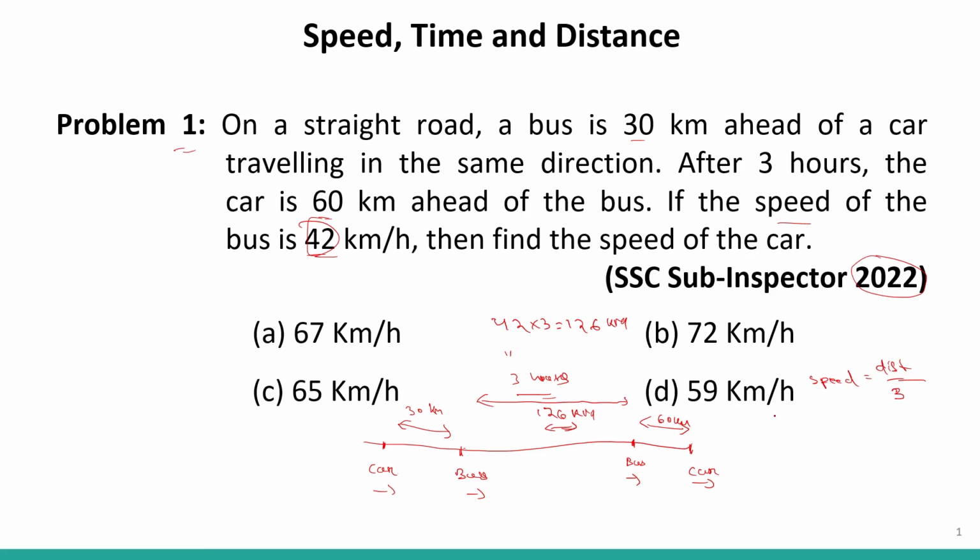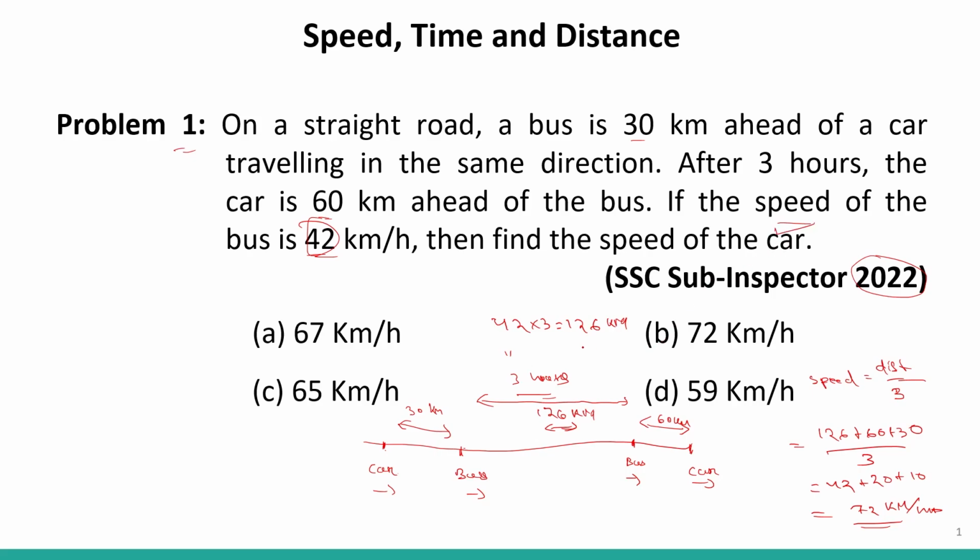The distance is 30 km plus 126 plus 60, because this patch is 30 km long, this patch is 126 km long, and this patch is 60 km long. So it is (126 plus 60 plus 30) divided by 3, which is 42 plus 20 plus 10, so 72 kilometers per hour. This is the speed of the car.